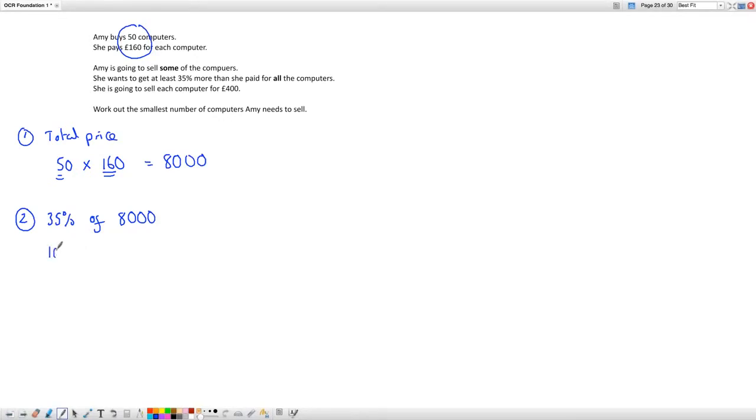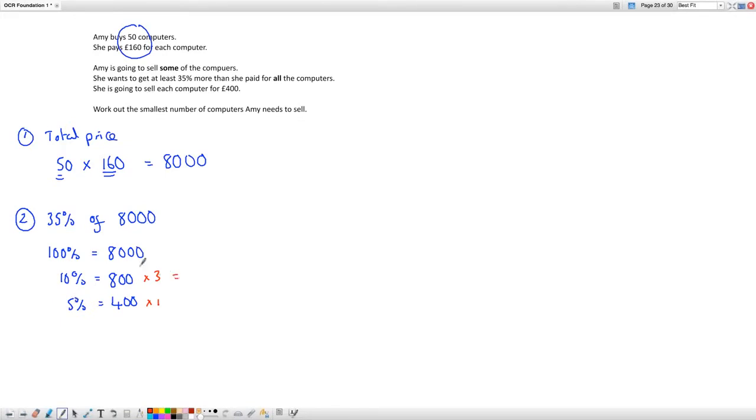So of this, our 100% is equal to the total amount, 8,000. Therefore, 10% is equal to 800. We can then find 5%, half of that, 400. So if I'm looking for 35%, remember I haven't got a calculator, I'll take 3 of those and 1 of those. 3 times 10, 30, plus 1, 35.